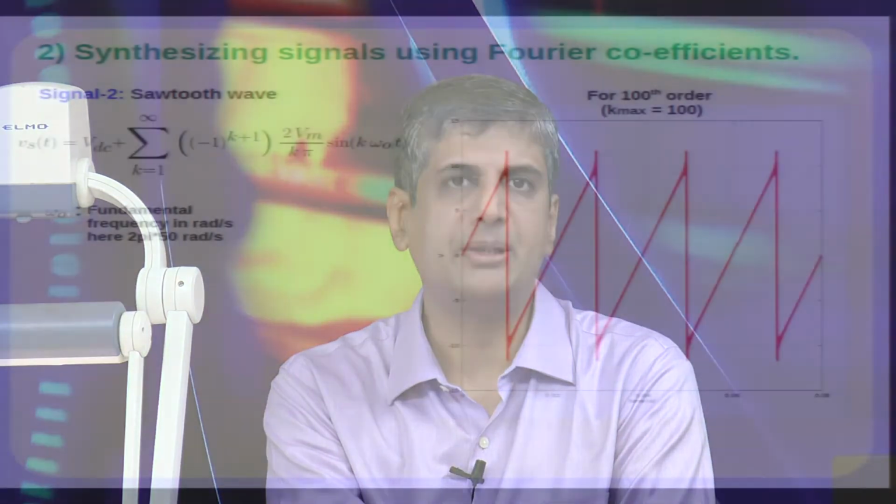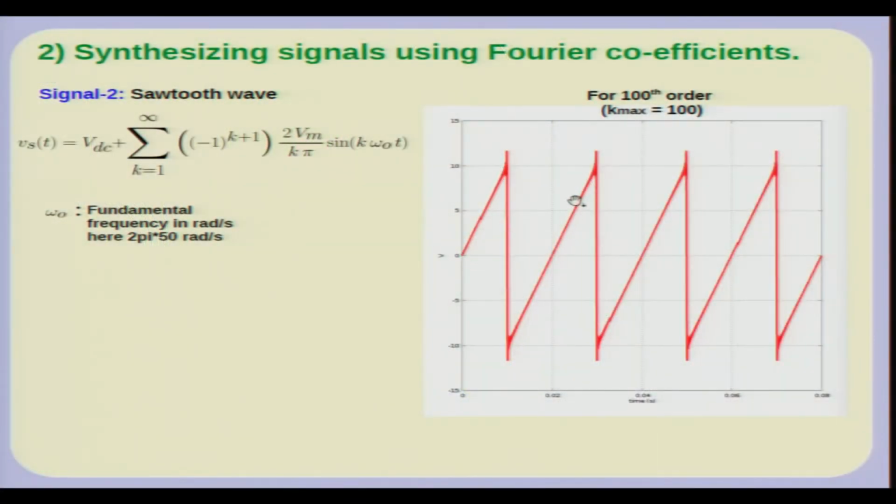A similar thing happens when you have a triangular periodic wave. The reason I am showing you these waves is that the nature of the Fourier components changes. In this case, you will find that the Fourier coefficients are a little different from the square wave case.